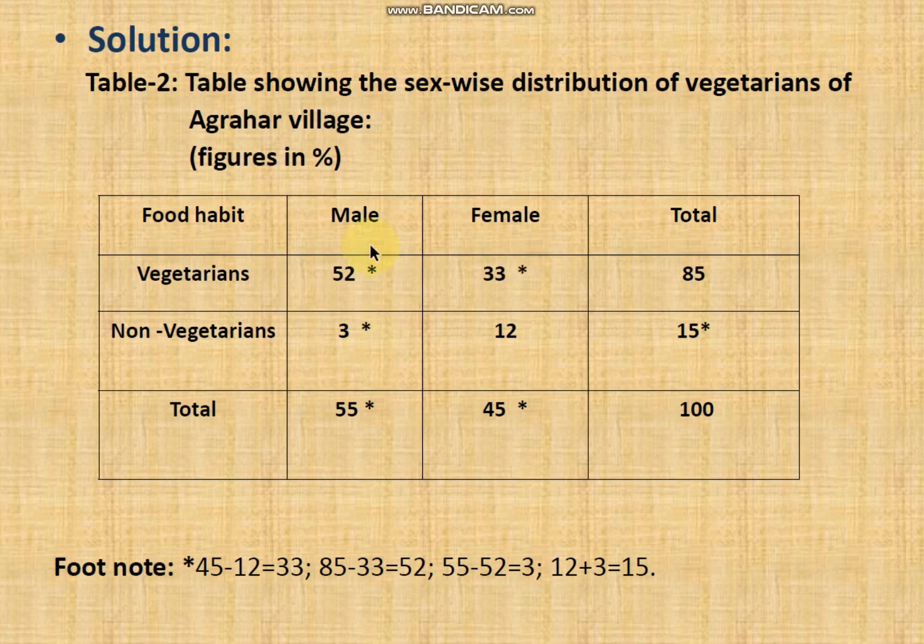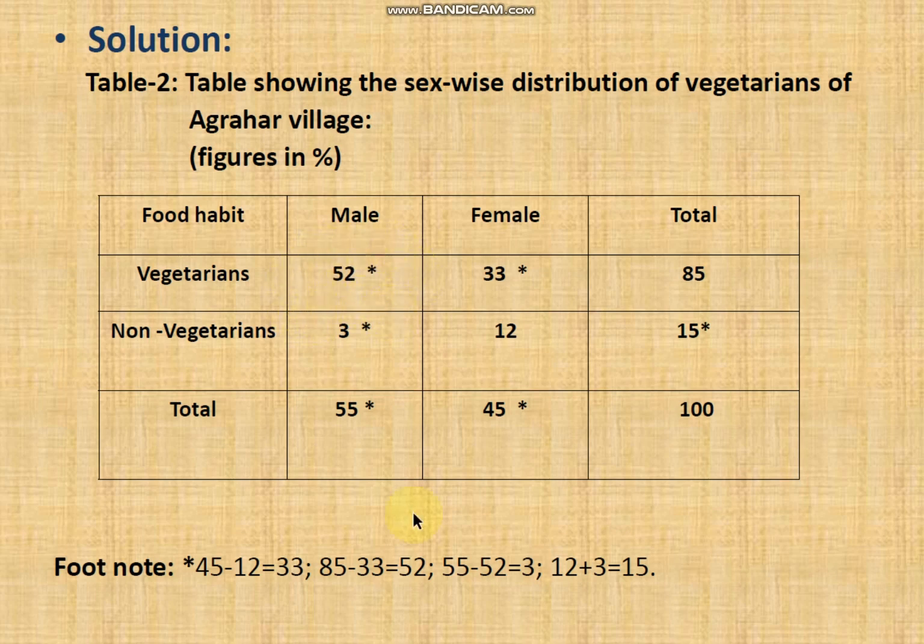How many of them are males? 85 minus 33, that would be 52. So 52% of the males are vegetarians.